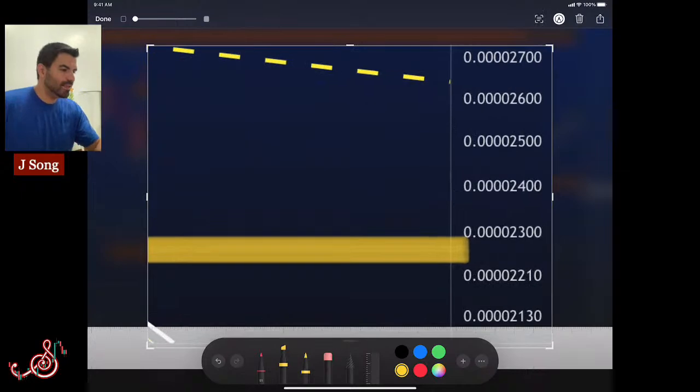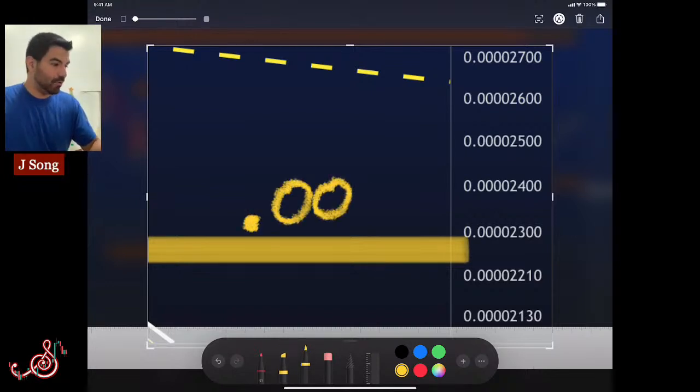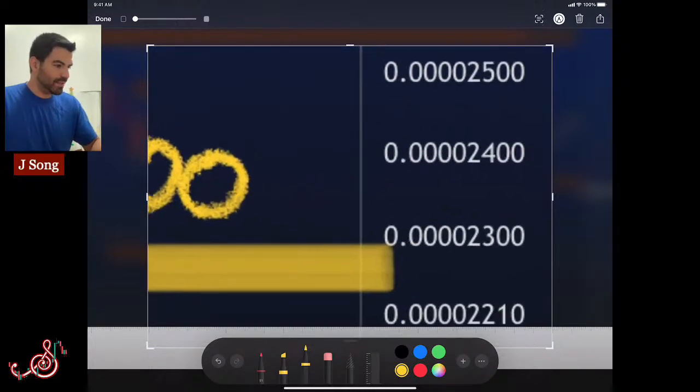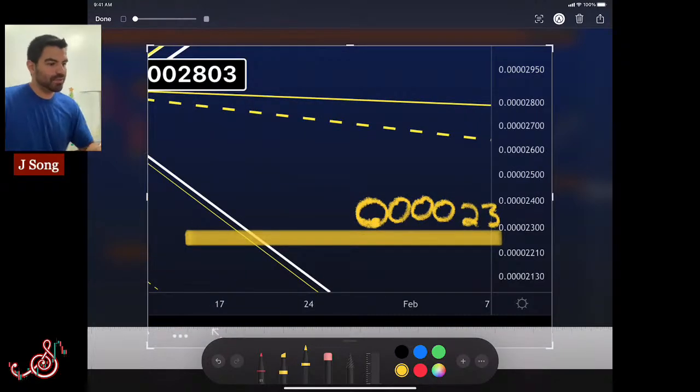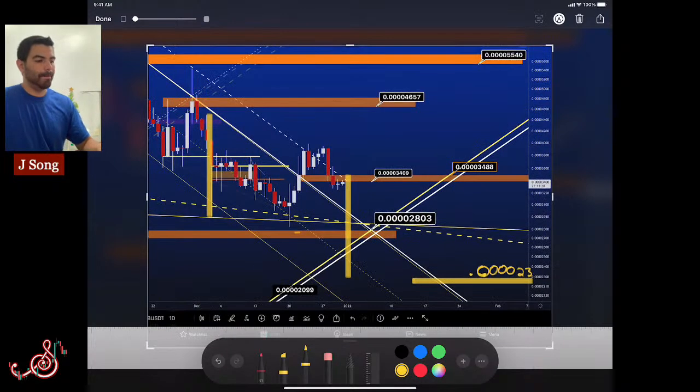Now, is this a selling signal? I don't know. If it goes down in slow motion, it won't go as far. I can tell you that. But if you see a flash crash, I wouldn't be surprised if Shiba gets down to 0.00023.